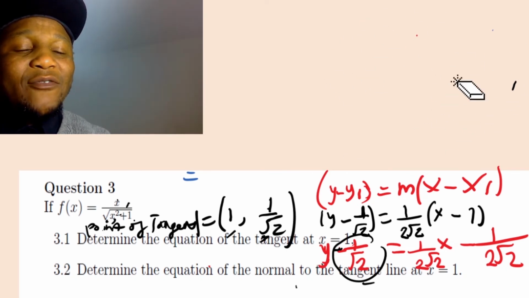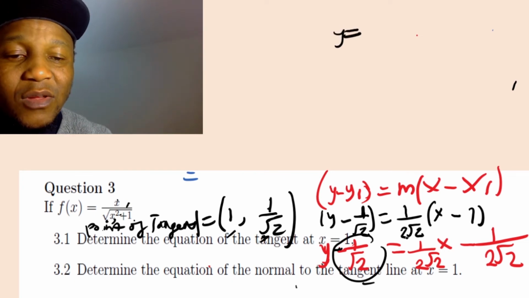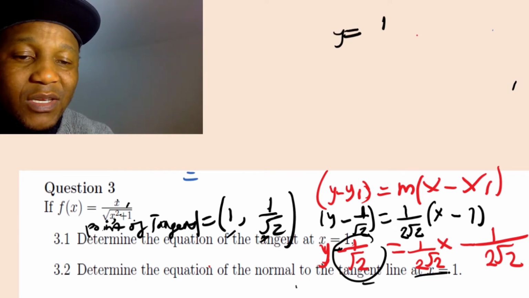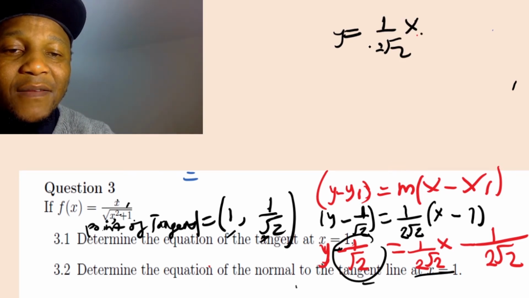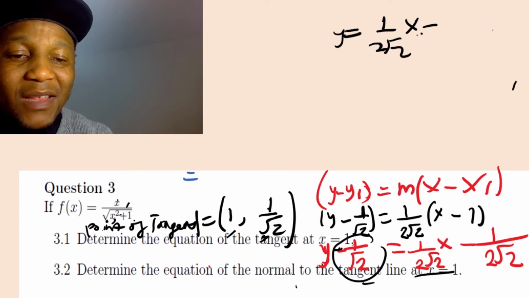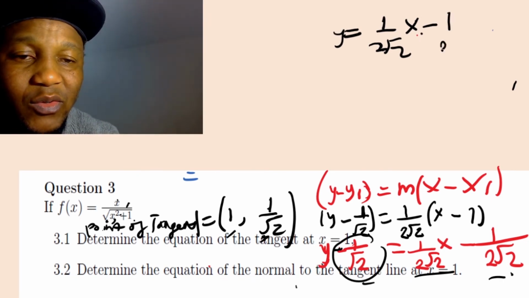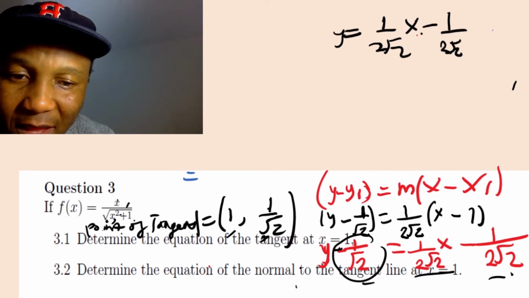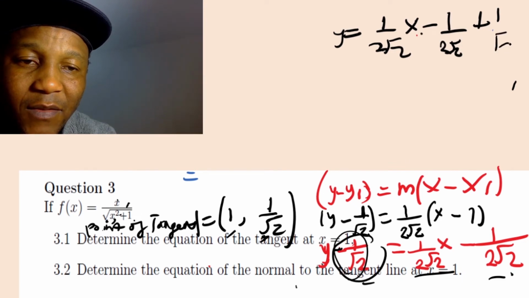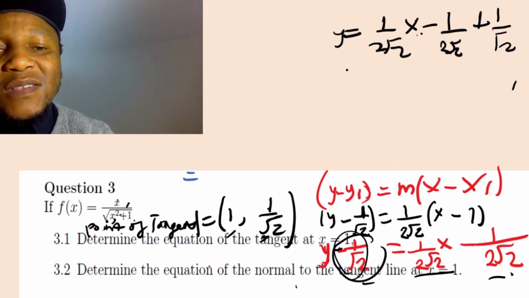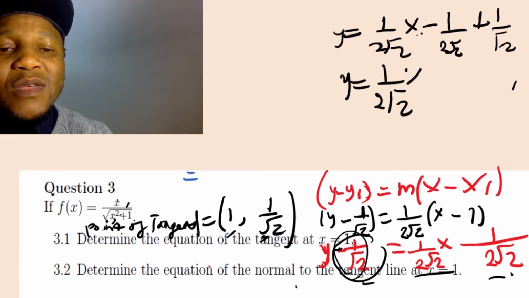Okay, but when you write everything, follow the flow. So we're going to say y equal to 1 over 2 square root of 2 x, minus 1 over 2 square root of 2 times square root of 2. And then this one here is going to become positive 1 over square root of 2.